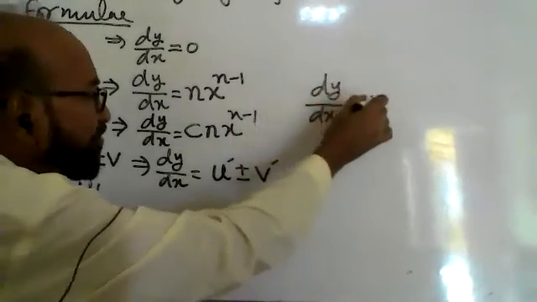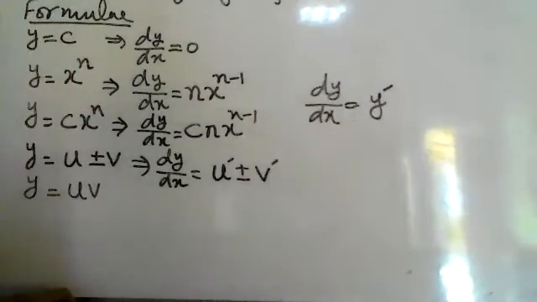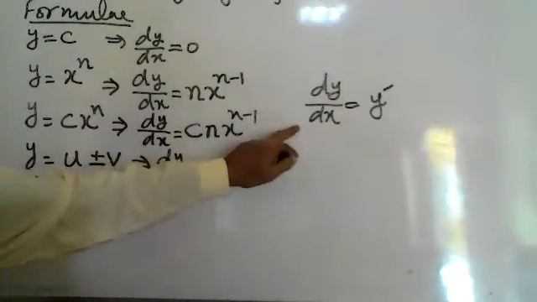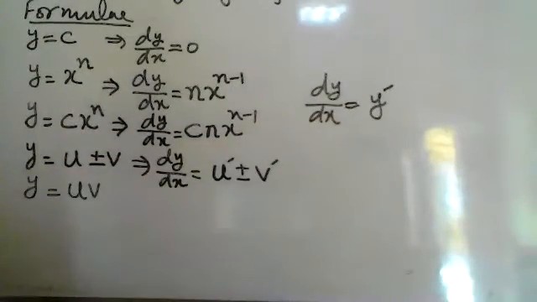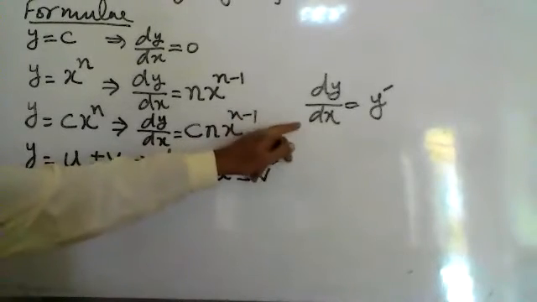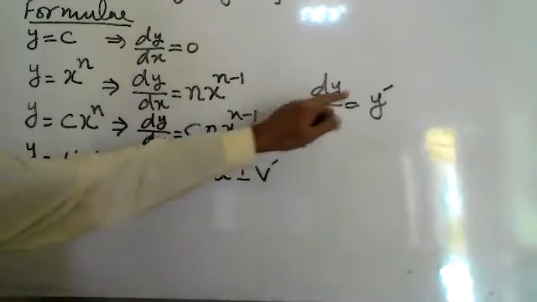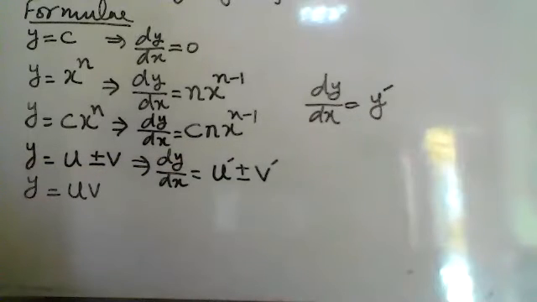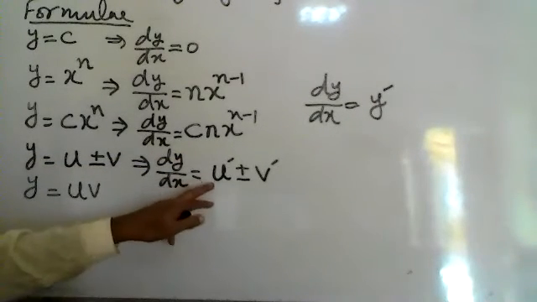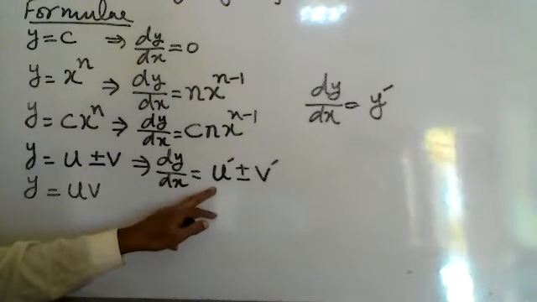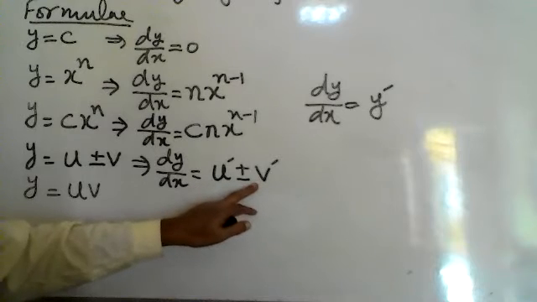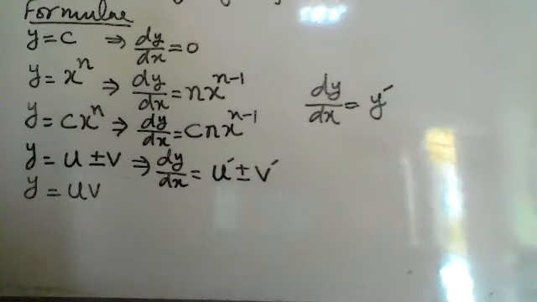Dy upon dx means the derivative of y with respect to x, y dash means the derivative of y with respect to x, as well as u dash means the derivative of u with respect to x, v dash means the derivative of v with respect to x.